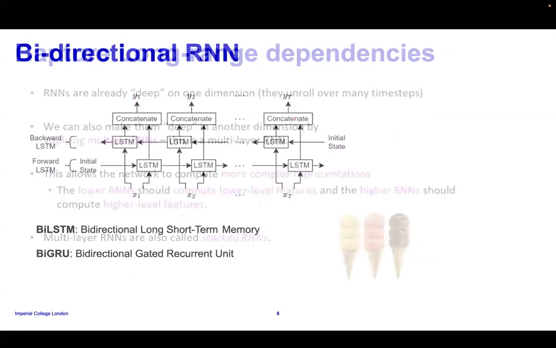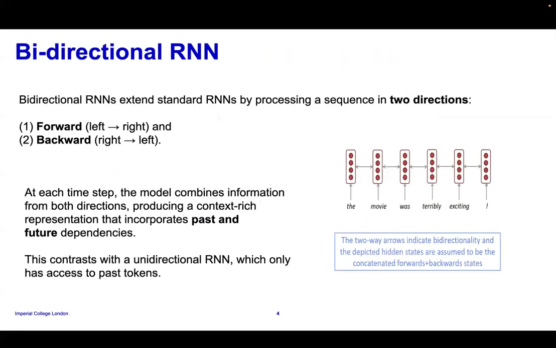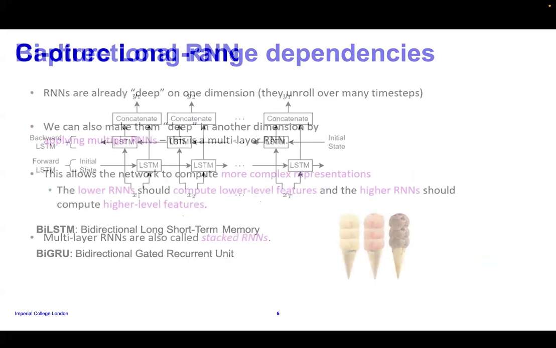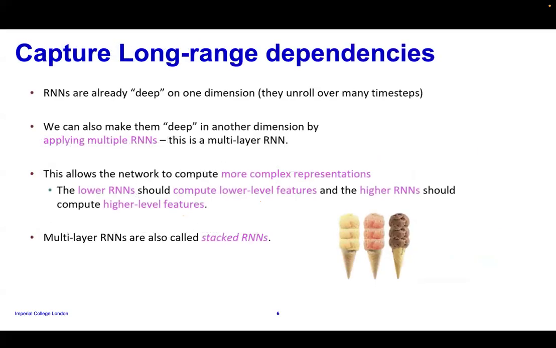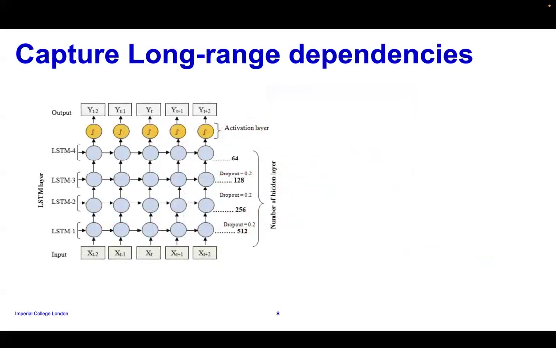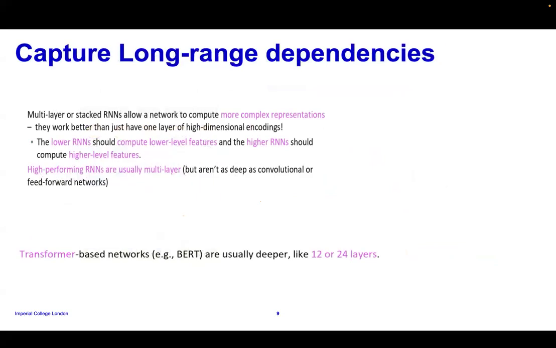Number one, because classical RNN is one direction, we can use bidirectional RNN, which we can have with LSTM or GRU. Number two, to solve the issue that RNN does not capture long-term dependencies, we can use stacked RNN, where we have multiple RNNs stacked together.